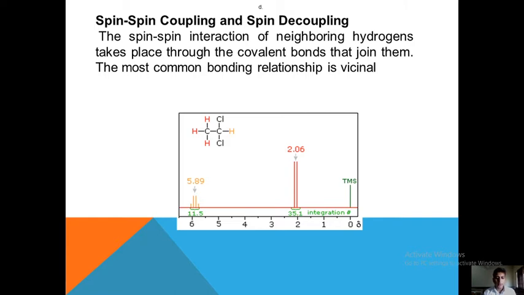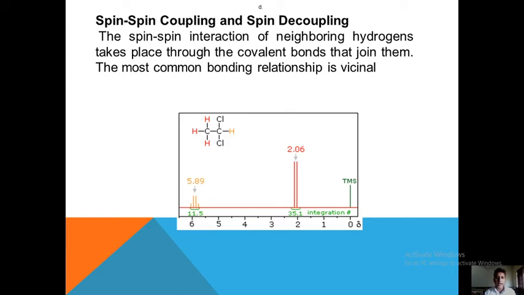In this spectrum, the dichloroethane shows on the right. It is clear that the 3 methyl protons, the hydrogens marked in red, are coupled with the single methylene hydrogen. These 3 methyl hydrogens are coupled with this single methylene hydrogen in a manner that causes the former to appear as a doublet.